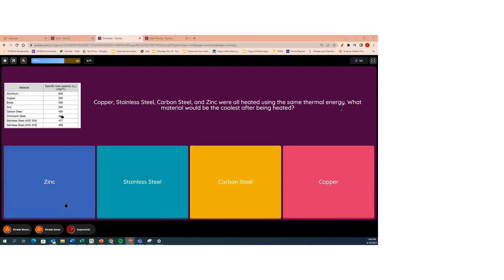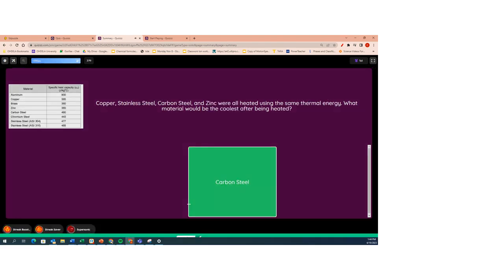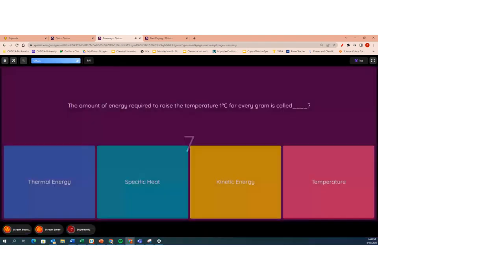If they're all heated with the same amount of energy, basically the same amount of time heating with the same heat source, carbon steel, because it's 490, will be the one that heats up the least and be the coolest. All right, I just read that wrong. Thanks, guys, for bearing with me.